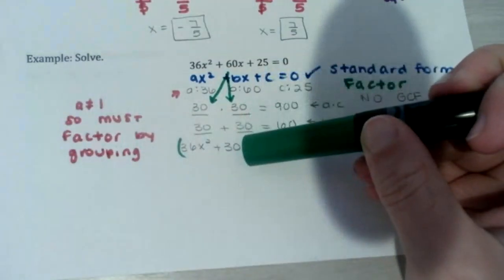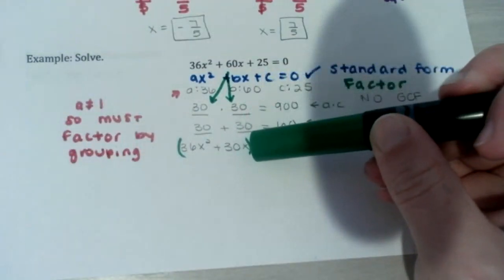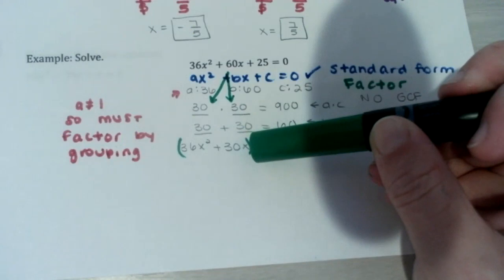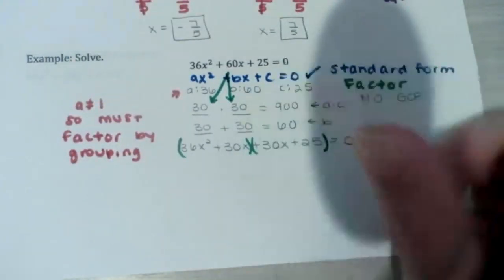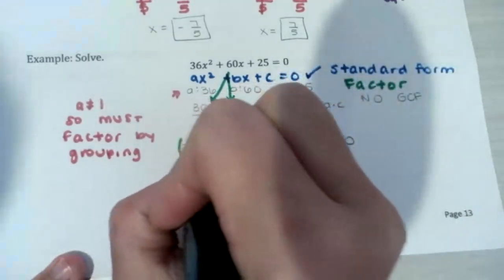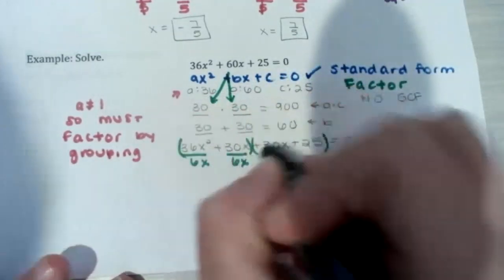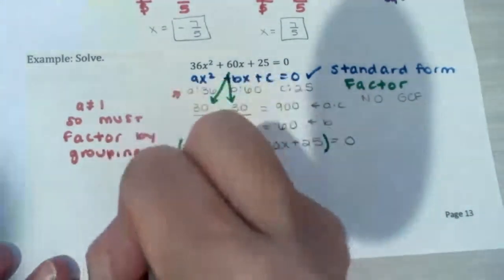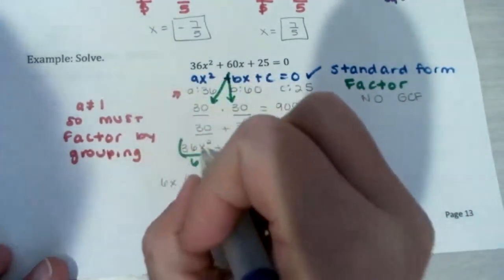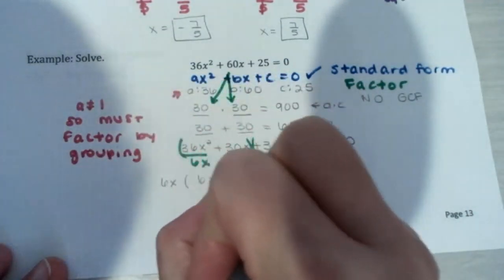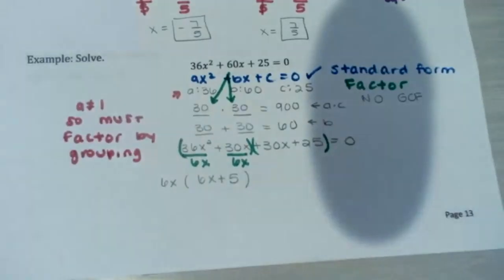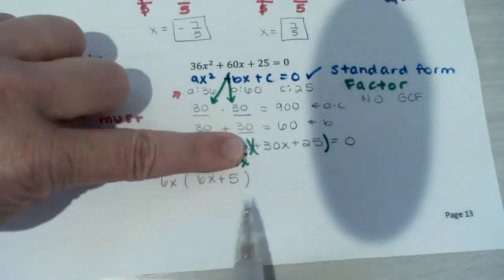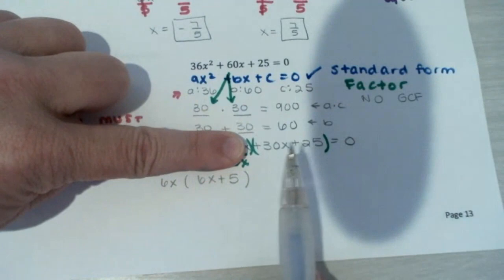Looking at our first two terms, 36x squared plus 30x, GCF, they both have x in common, and they both have 6 in common. So let's factor or divide out 6x from both terms. Remember, you want to take out the GCF, so the largest thing they have in common, so 6x. We're left over with 6x plus 5. Looking at our next two terms, I know I want 6x plus 5 to be left over.